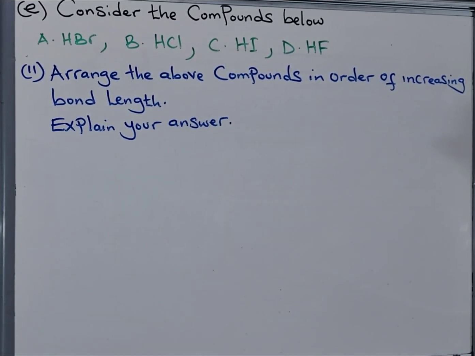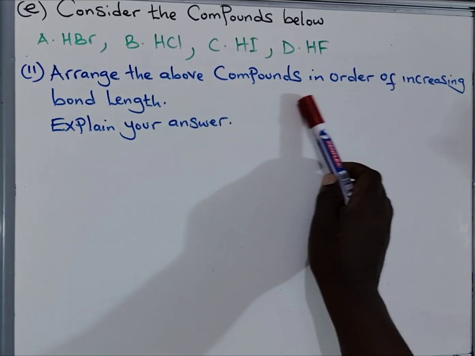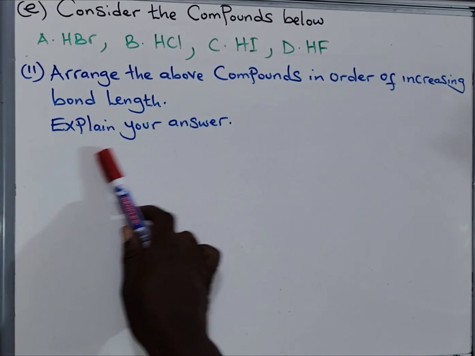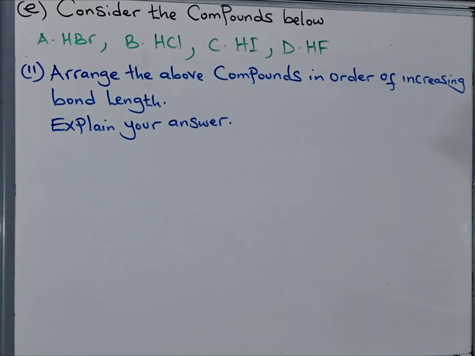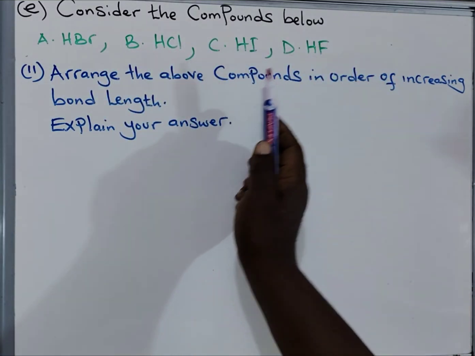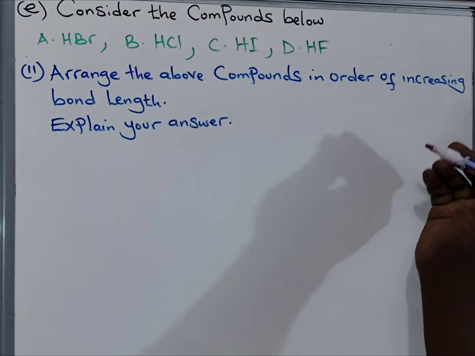Then we come to this one. It says: arrange the above compounds in order of increasing bond length. Explain your answer. You have to know that we are looking at group 7, the halogens attached to hydrogen.